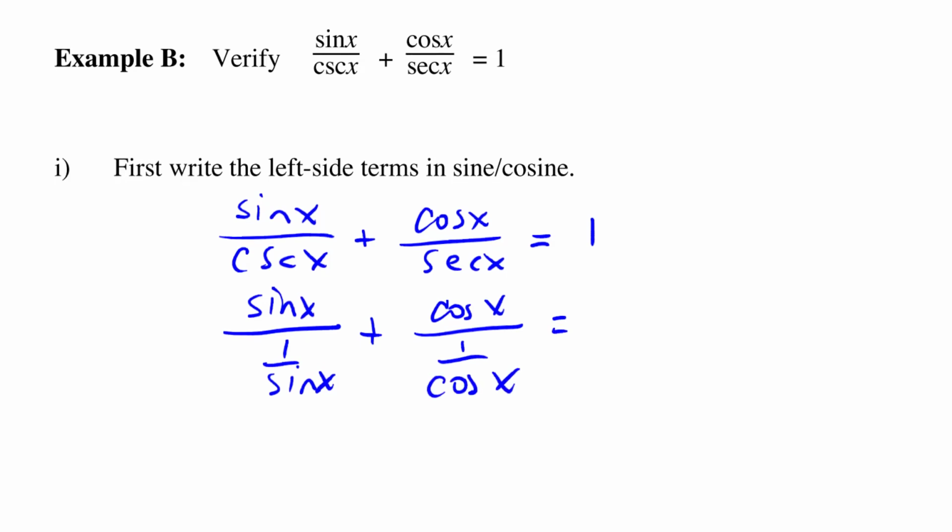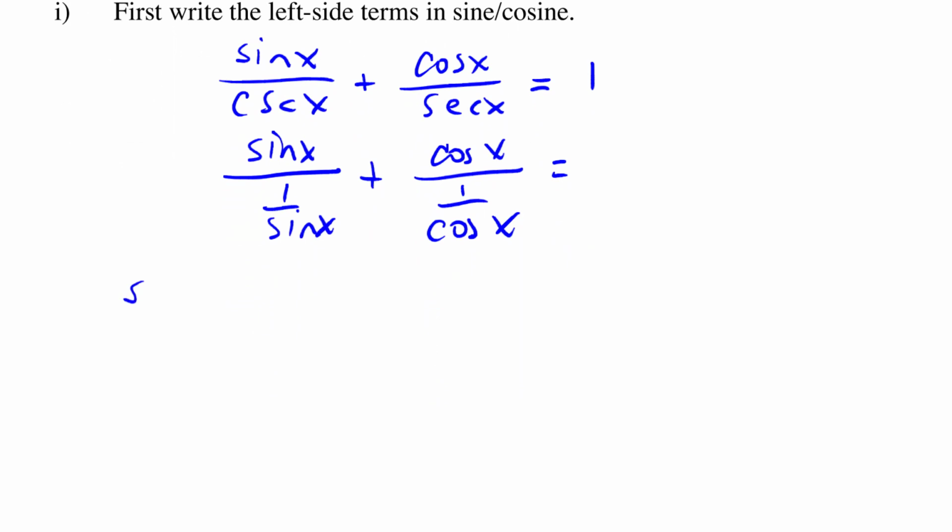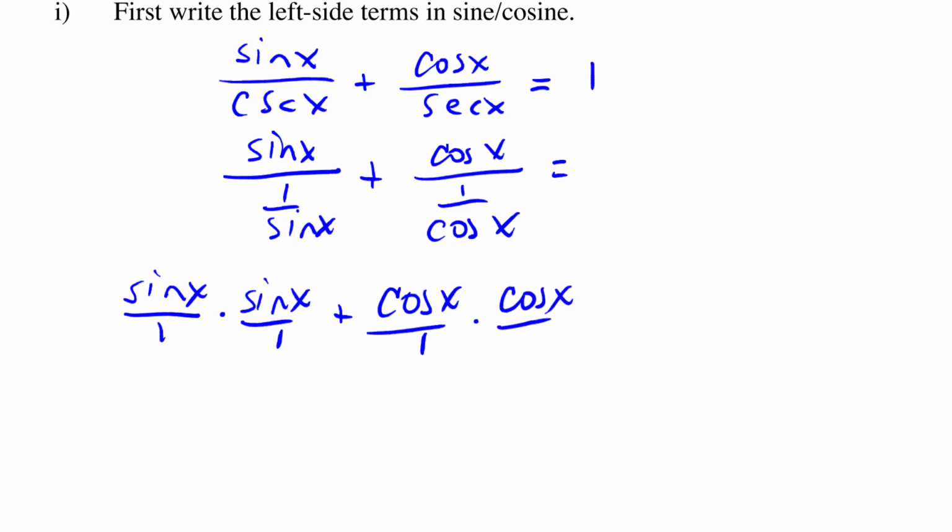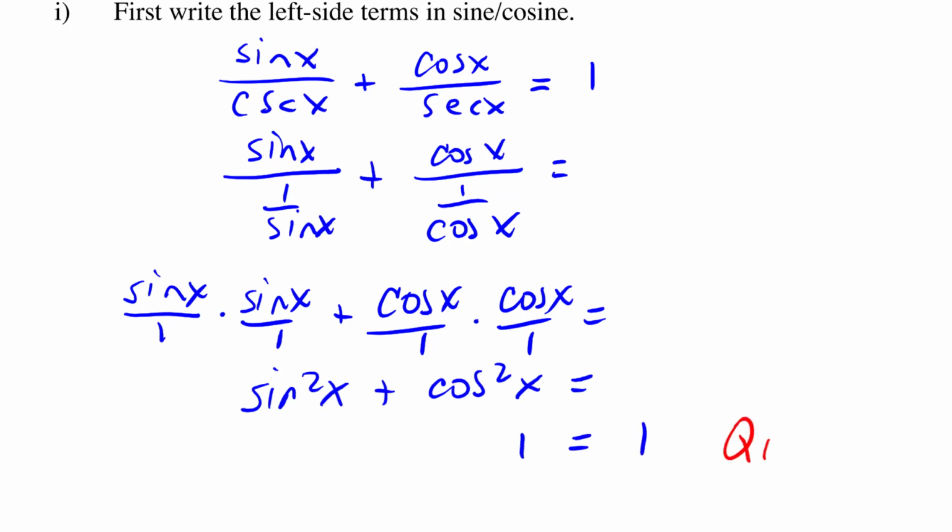Now on the left side, the far left fraction, we're going to write the numerator as sine x over 1, and then times the reciprocal of the denominator, also sine x over 1. Likewise for the second fraction, numerator is cosine x over 1 times the reciprocal of the denominator, also cosine x over 1. That gives us sine squared x plus cosine squared x. And by a Pythagorean identity, that's equal to 1. 1 equals 1, QED.